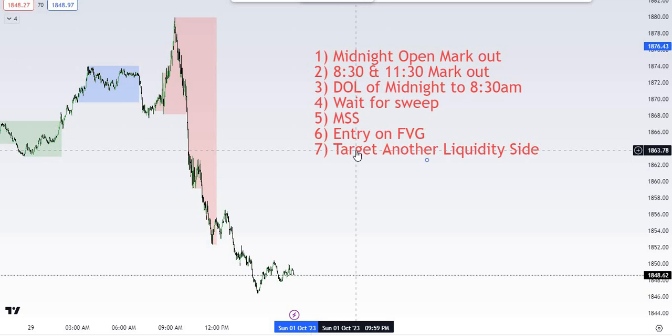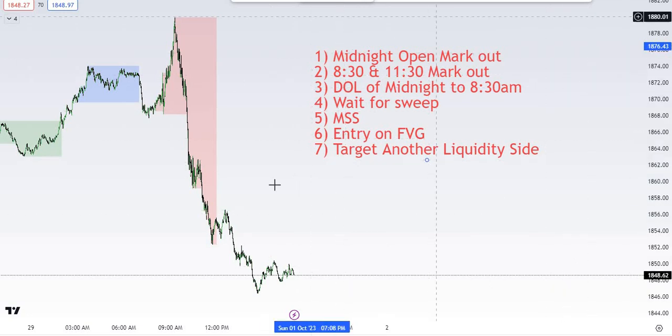You will find this setup on almost every day. Maybe it's not in gold, maybe it's not in other forex pairs, but it happens maybe in EUR/USD, GBP/USD, or gold, or US30, SPX 500, or Nasdaq. You just have to select your asset and practice, and you will find this setup at least 2 to 3 times in a week.